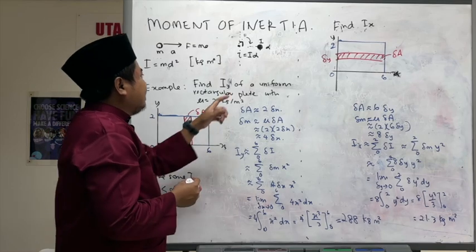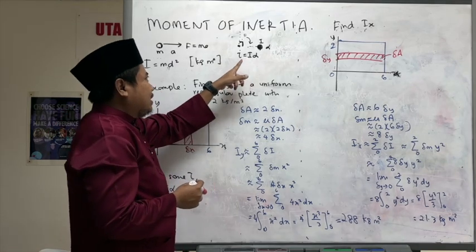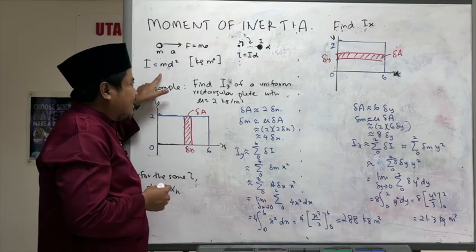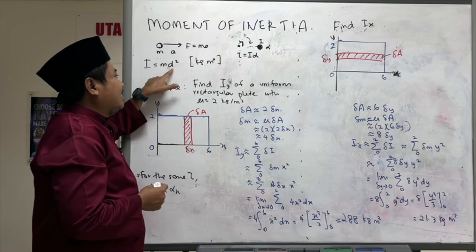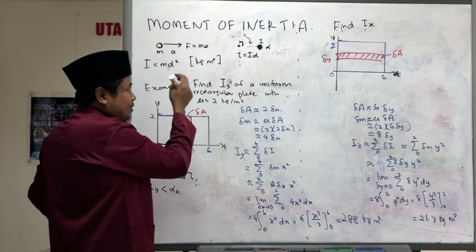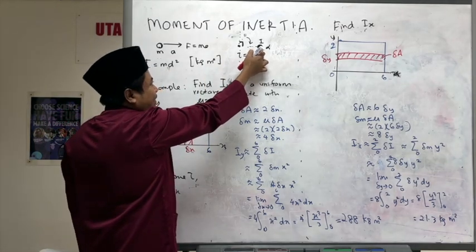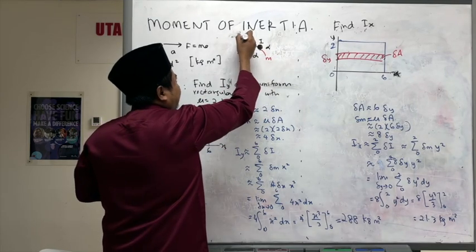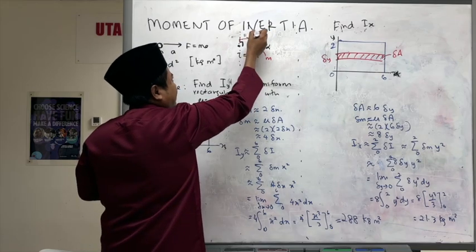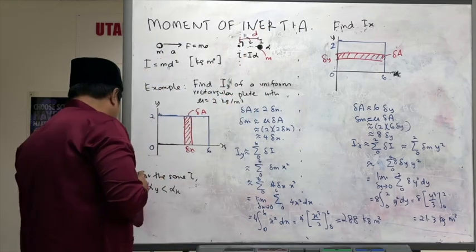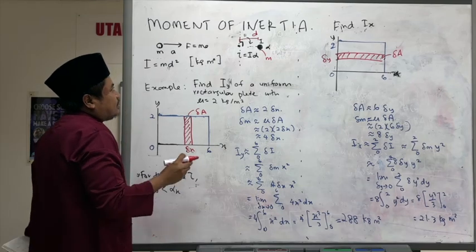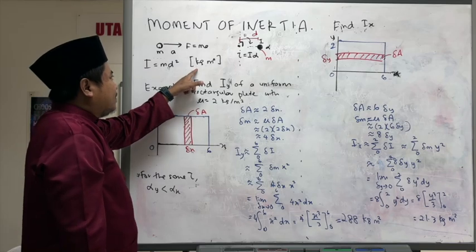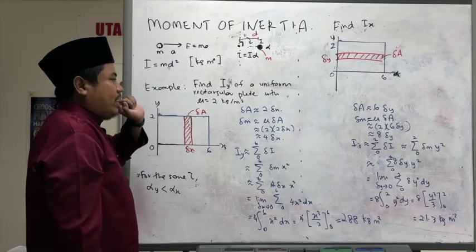The moment of inertia is defined as the product of mass m and the square of its distance d from the point of rotation, so its dimension is kilogram meter squared.